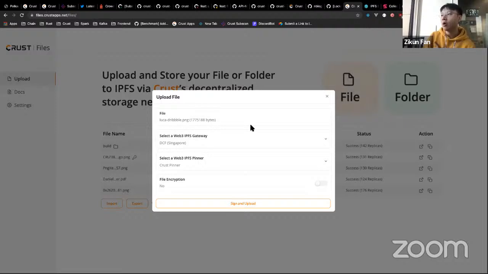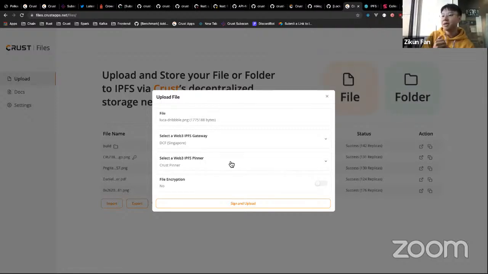That gateway also allows you to upload your file to a remote IPFS gateway. And another thing is called Web3 IPFS pinner. This is also a Web3 based and totally decentralized plugin. And that is also a standard IPFS remote pinning service. With this pinning service, it can allow you to communicate with the Crust chain, Crust native chain.